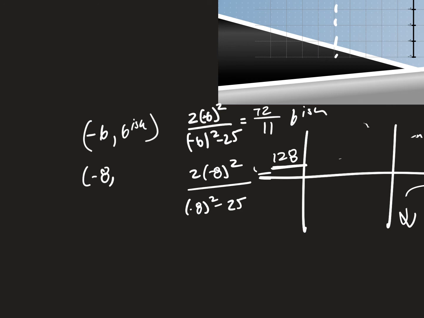Divided by, what's 64 minus 25? 39. Don't guess, guys. Write it down. You guys make silly mistakes on your test and quiz about this. What's 64 minus 25? Yeah, 39. Okay, I just wanted you to make sure.